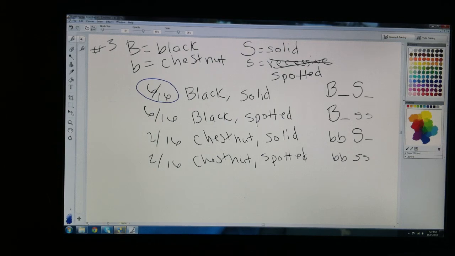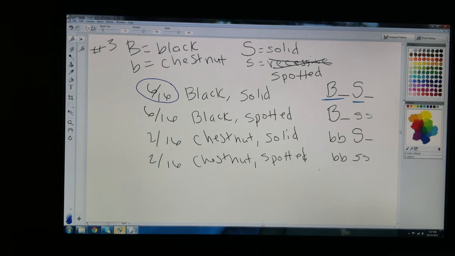To be a dog that has black fur and a solid coat, you would have to have at least one dominant B allele and at least one dominant S allele in order to give this phenotype. And the rest of these are the genotypes for the ones listed.